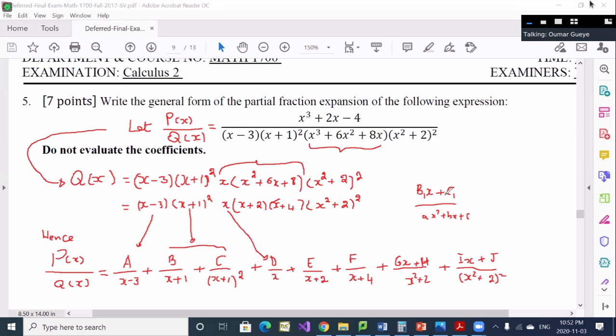So you can use any letter that you want. Instead of using A, B, C, I can use A1, A2, A3 up to A11. Doesn't matter. Or I can use A1 through A6, and here I just use B1, C1, B2, C2. Is it okay?